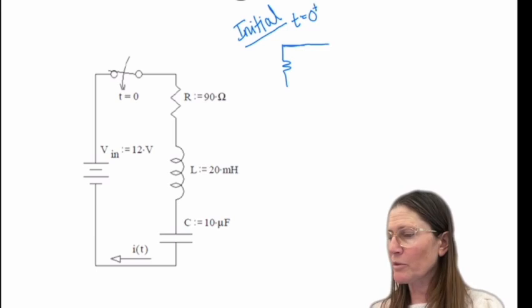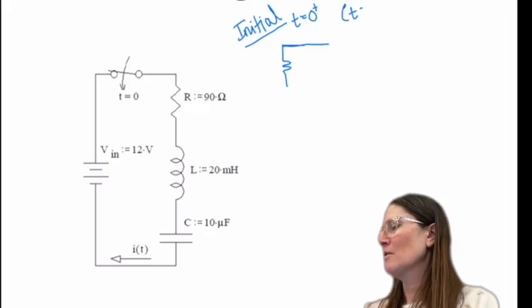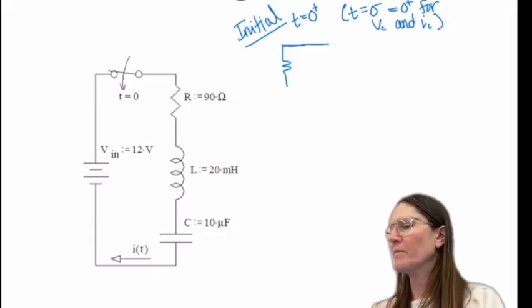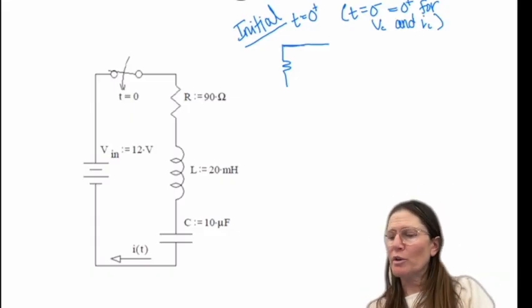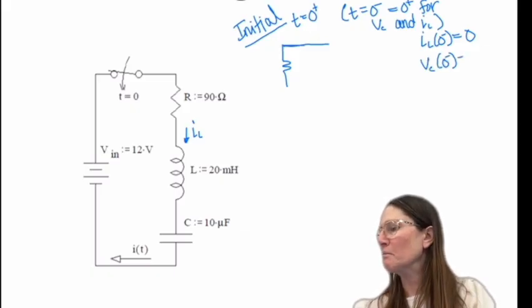So right before the switch, remember that the voltage across the capacitance, VC, and IL have to stay the same. So what are those values? What is IL before the switch? Yep. And what's the voltage VC before? It's going to be 0 too.